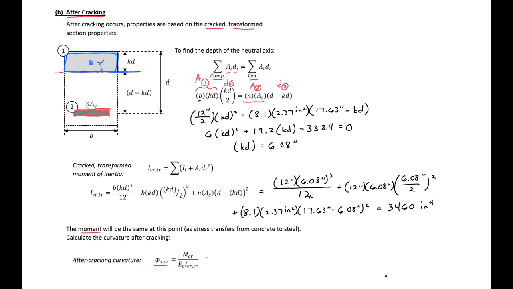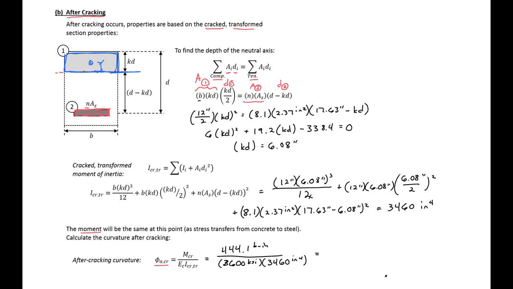So for us, we'll have our cracking moment 444.1 kip inches divided by our stiffness, 3,600 ksi times our I cracked transformed, 3,460 inches to the fourth.